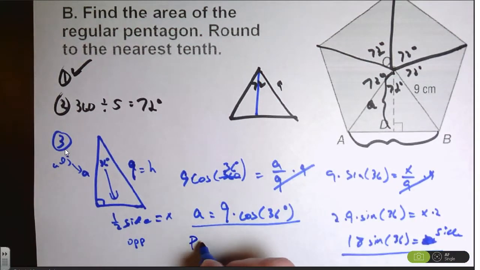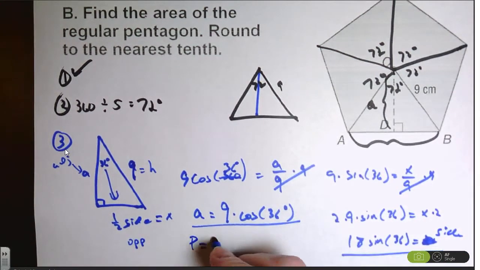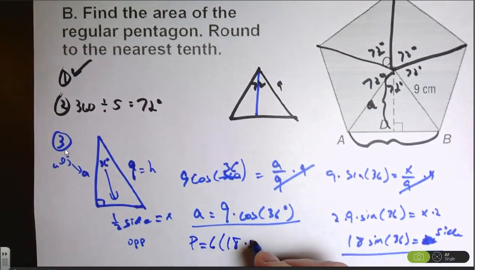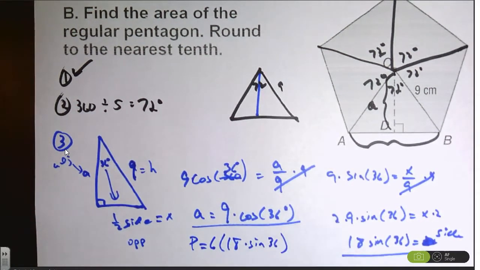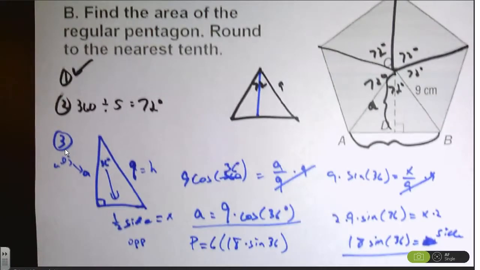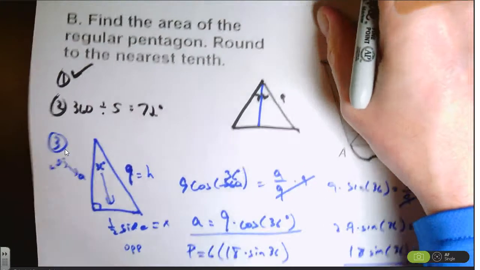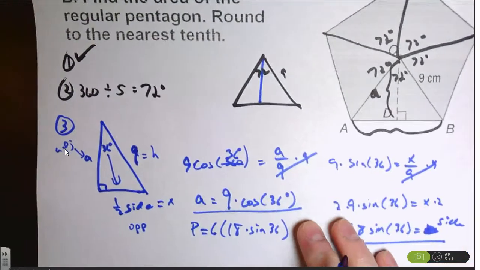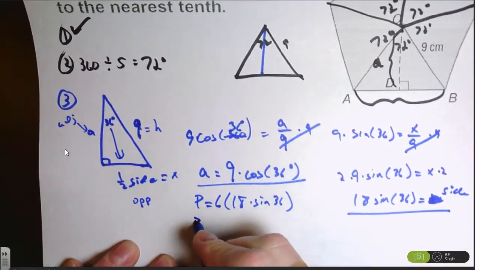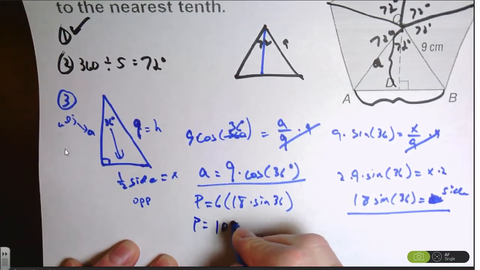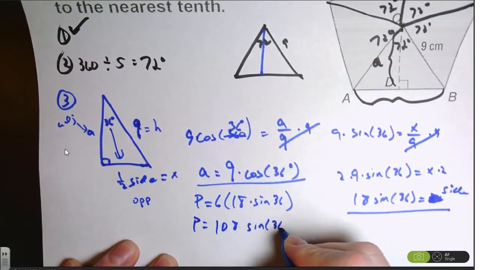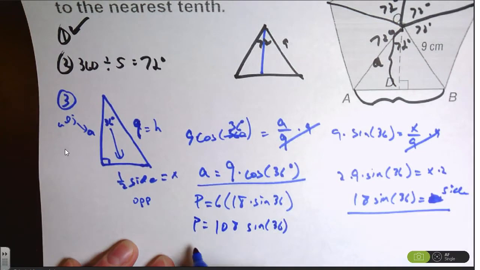The perimeter then is 6 of those guys. Okay. And 6 times 18 is, oh gosh, I don't want to do that in my head. 60 plus 48, so 108. Running out of room. Oh man. Let's do this. So perimeter is actually 108 sine of 36.